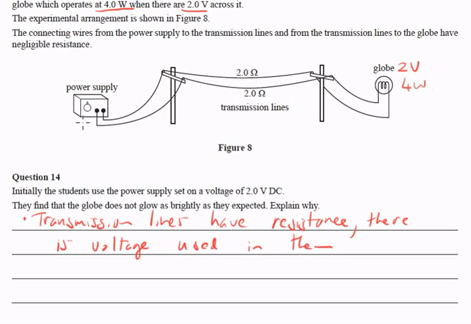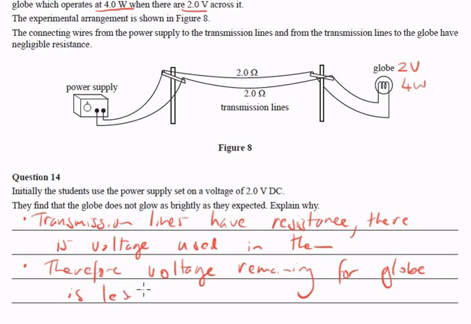So 2 volts starts out here, there will be a voltage drop over these lines, so there's not 2 volts left for the globe. Therefore, the voltage remaining for the globe is less than 2 volts.